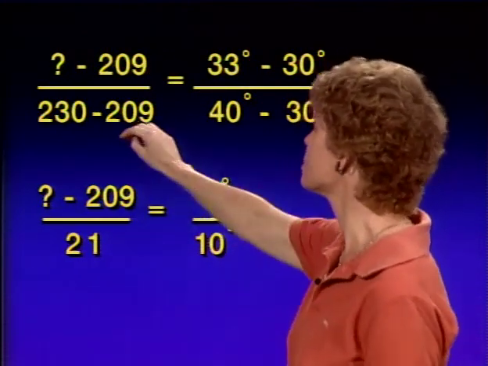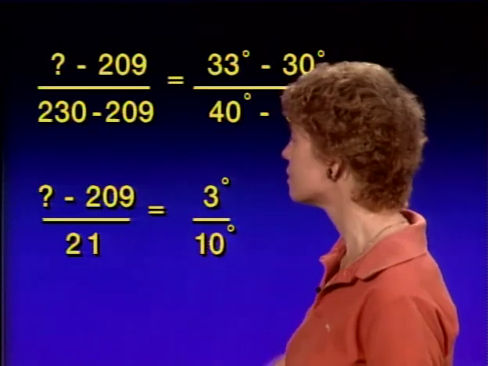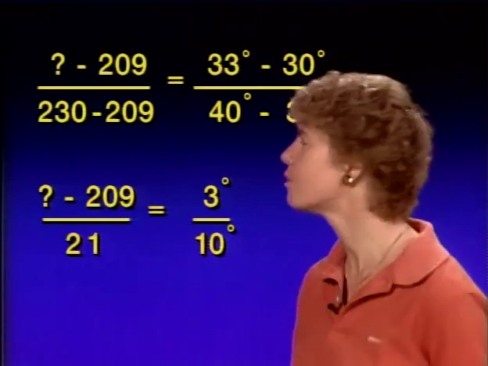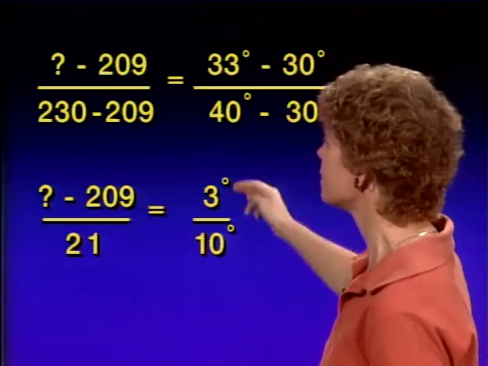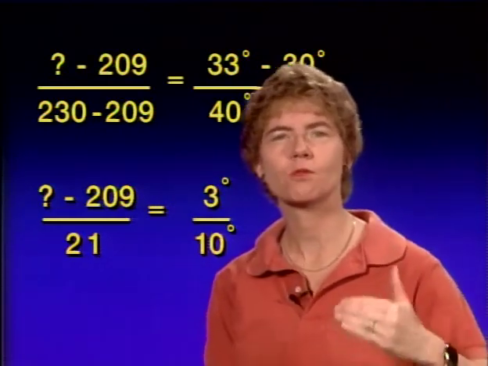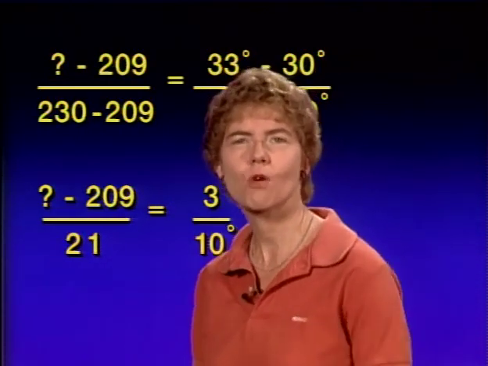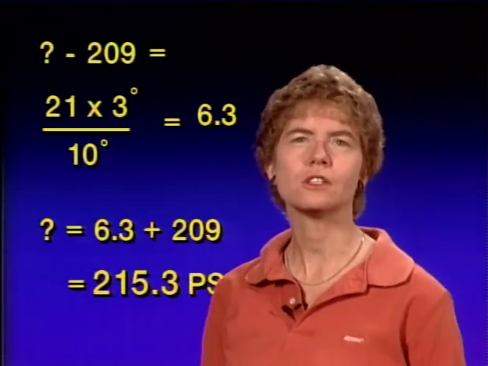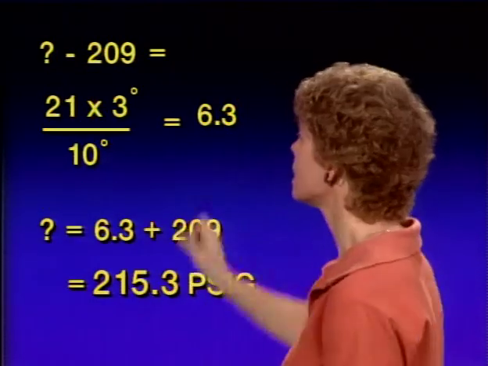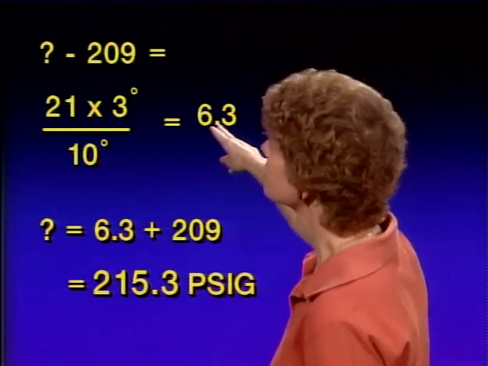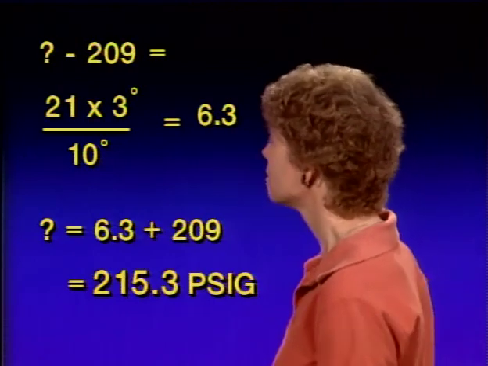The difference between 209 and 230 is 21 psi. So we keep working through our formula, and we get 21 times 3 divided by 10, and that gives us 6.3 psi.